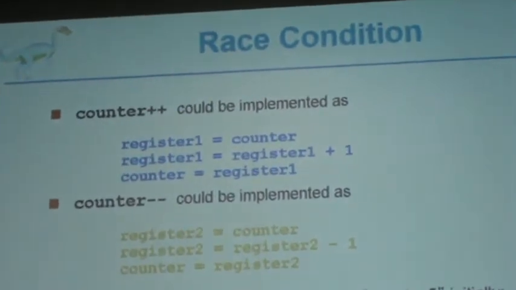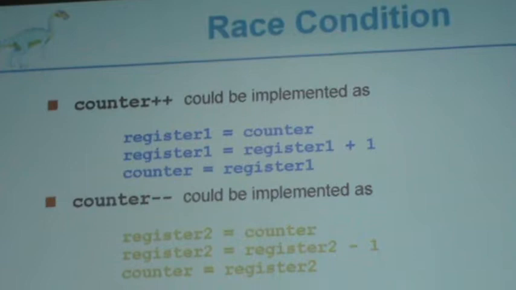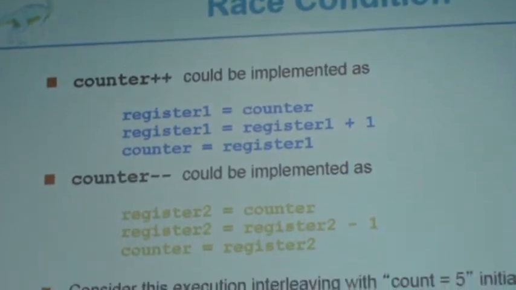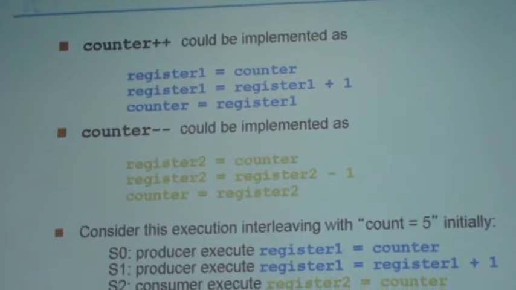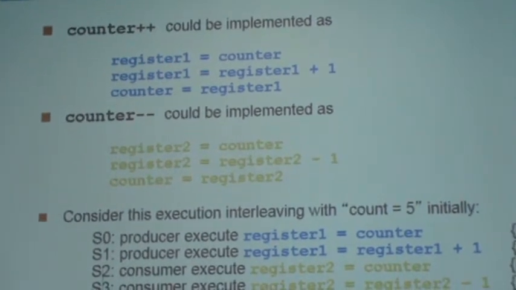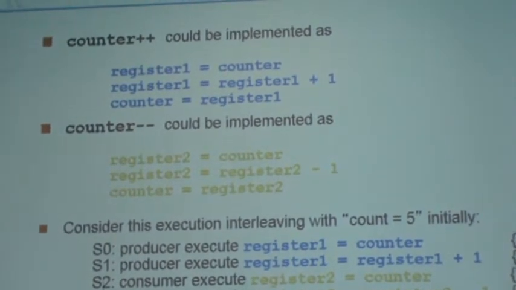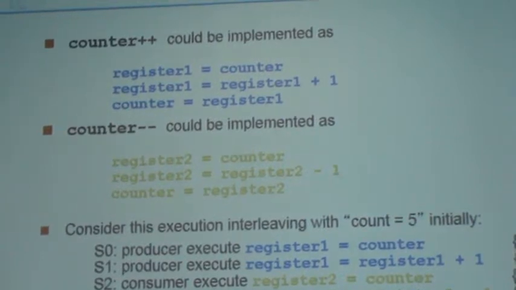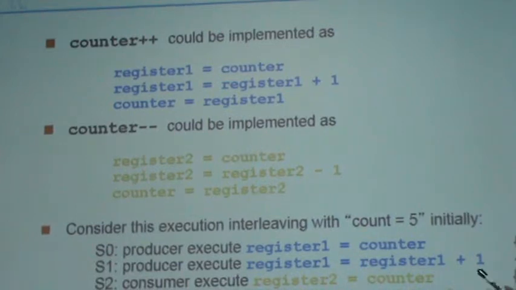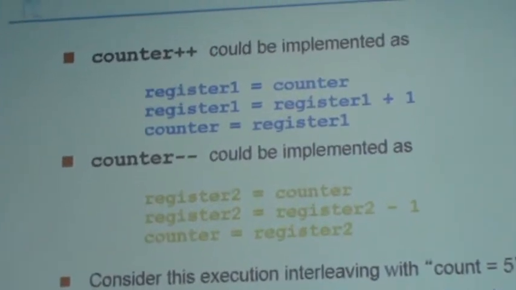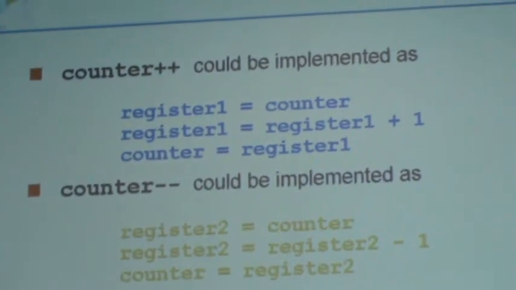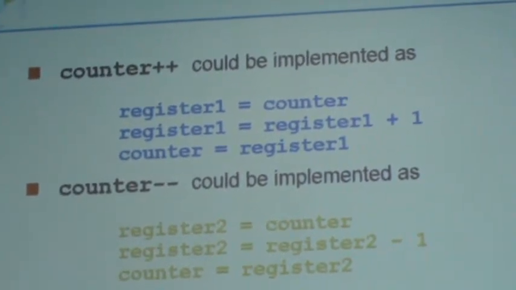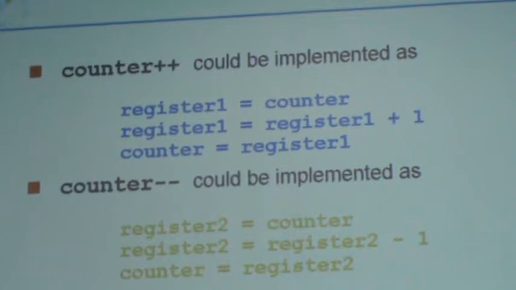First, you need to read the counter data, then store it into a register, let's say register 1. Then increase the value of register 1. Then write the register value back to the counter. Counter is a variable in your process memory.